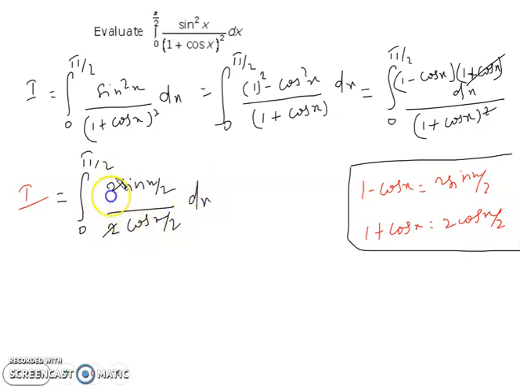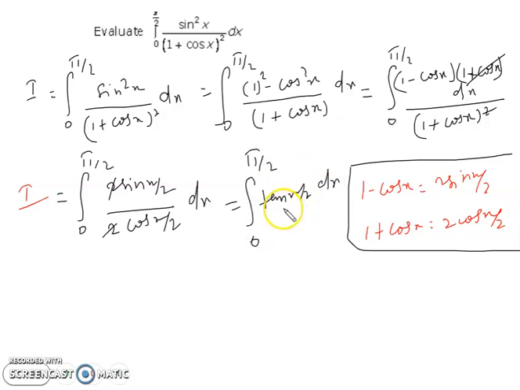So we can cancel out and write directly, it is very simple. The integral from 0 to pi by 2, and the term is tan square x by 2 dx.